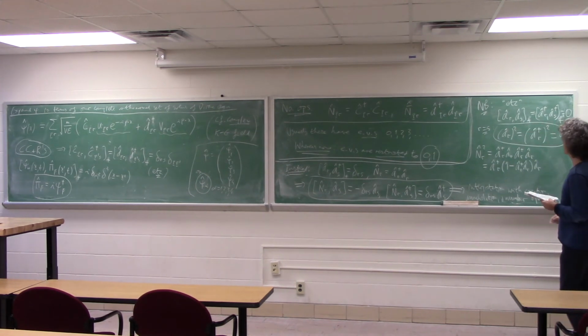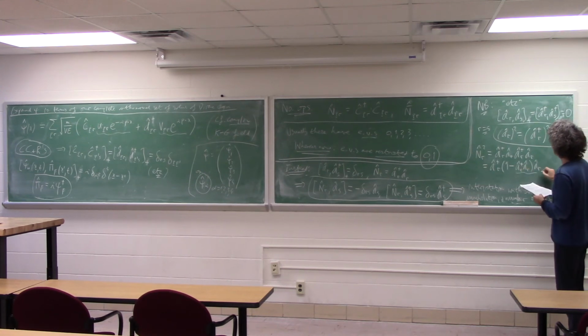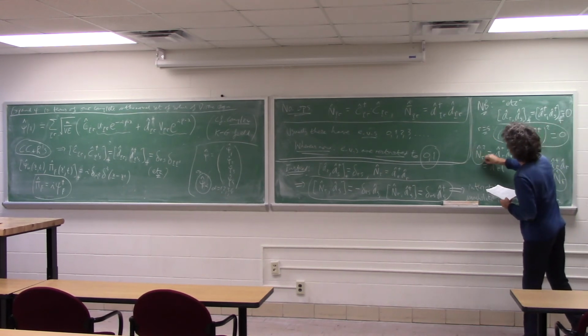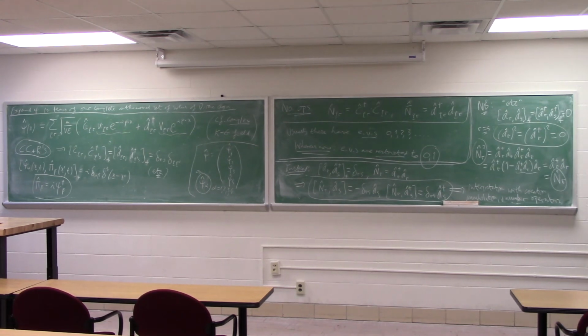And now notice that here I'm going to get an AR squared, which is 0. So this term vanishes, and I just get A dagger R AR, which is equal to NR. So the square of the number operator is equal to the number operator.